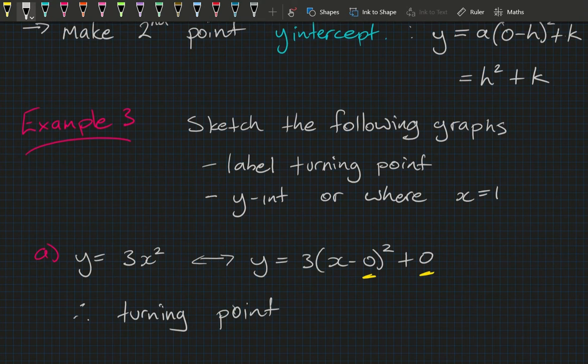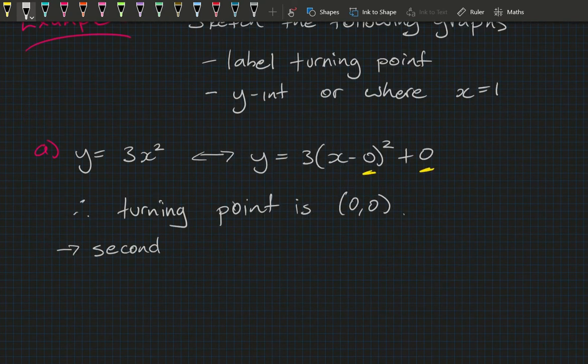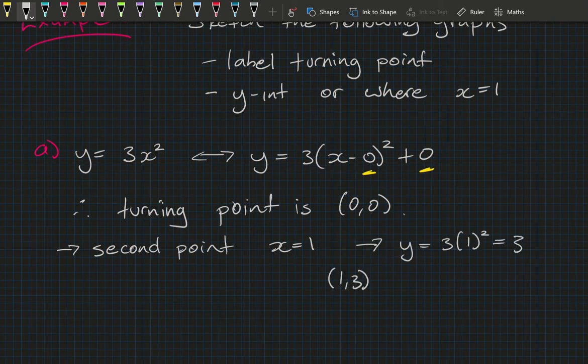So this means the turning point is at 0, 0. And with an axis of symmetry of x equals 0, because that's the x value in the turning point, that means that we're going to find our second point where x equals 1. So subbing in 1 for x, we get y is equal to 3 times 1 squared, which is 3. So i.e. our second point is 1, 3.